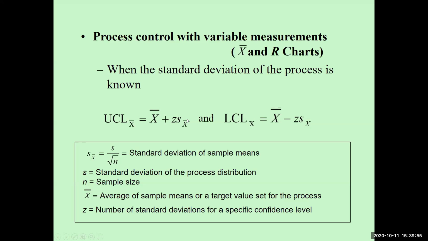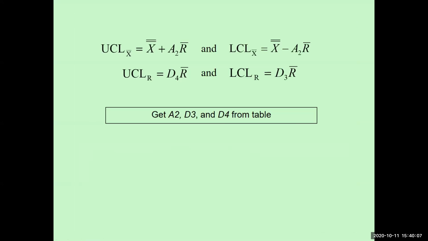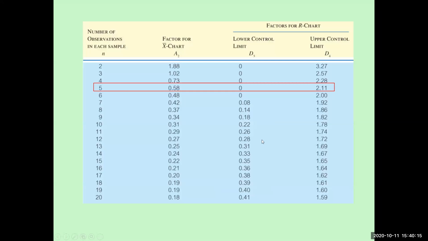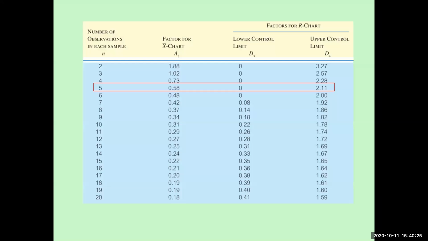If we know, or if we can get a standard deviation of that data, then using this formula, or we can use charts, this chart. If we don't know standard deviation, then we can use this chart to develop X bar and R chart.